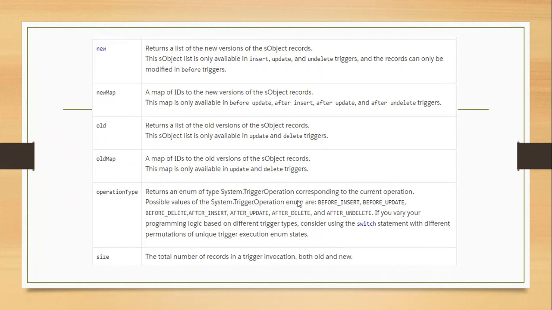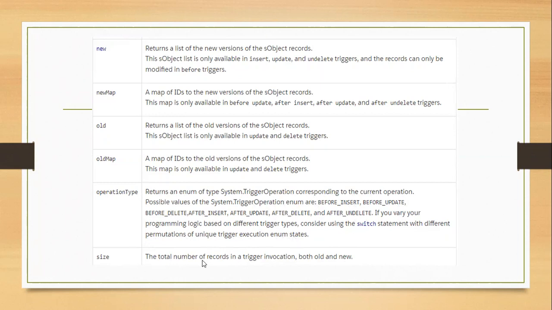Possible values of System.TriggerOperation are BEFORE_INSERT, BEFORE_UPDATE, BEFORE_DELETE, AFTER_INSERT, AFTER_UPDATE, AFTER_DELETE, and AFTER_UNDELETE. If you are varying the programming logic based on the different trigger types, consider using a switch statement with the different permutations of the unique trigger execution states.